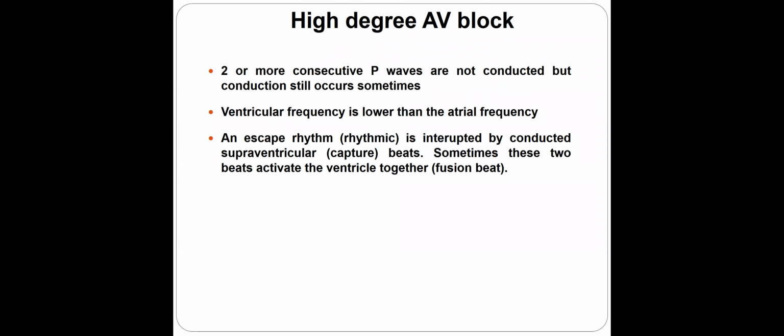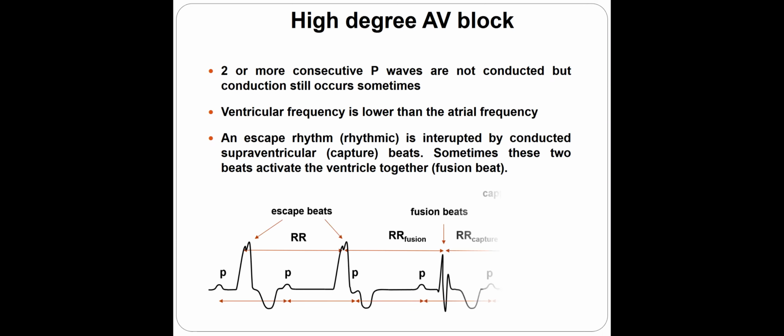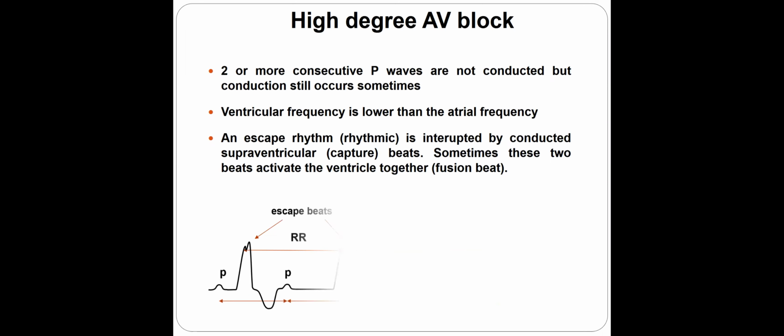Okay, high degree block. That's a little bit difficult to understand, but hopefully I can explain it. What does it mean? It means that there are more than 2 P's not followed by a QRS complex, so we have a longer distance between the conducted and unconducted beats, mostly unconducted. What will happen? The ventricular escape rhythm is going to generate the impulse when we have this unconducted P. However, sometimes it's conducted.